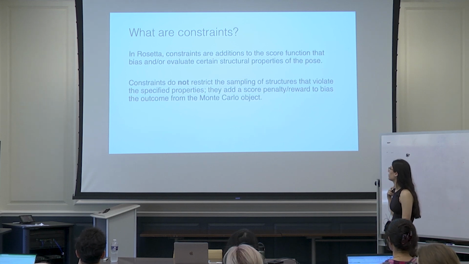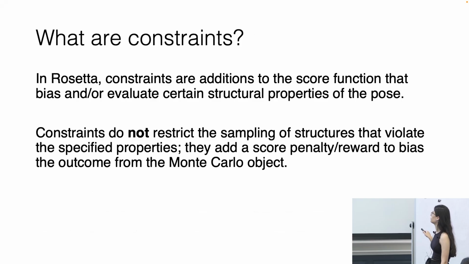And so constraints are just additional rules, and they bias the score function so that whenever you have a new structure that you're sampling, the properties adhere to any constraint specification.